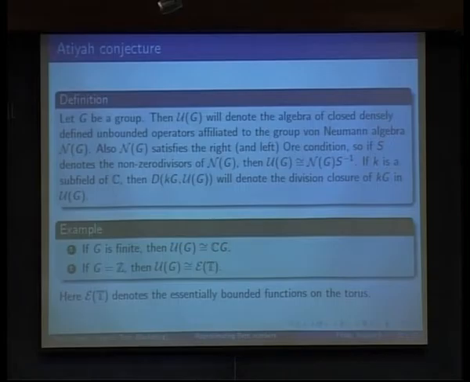So this means that in U of the torus, functions which are non-zero everywhere are invertible, which is not the case with N(G).